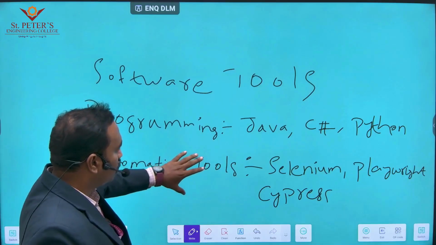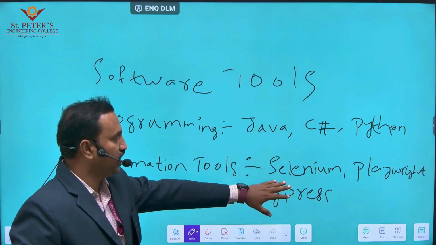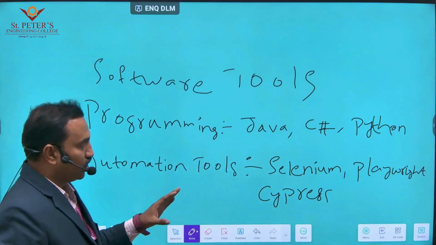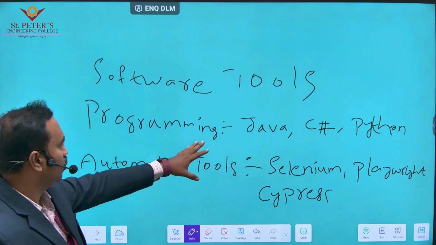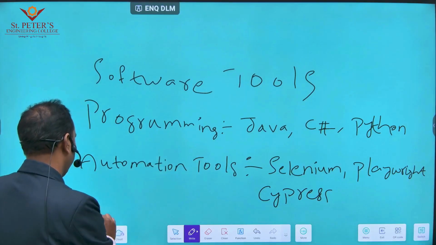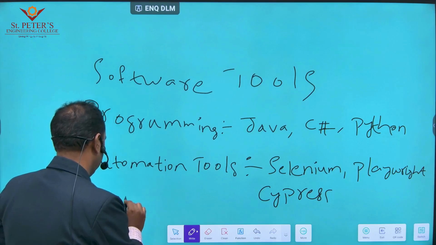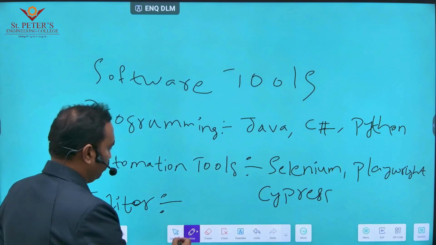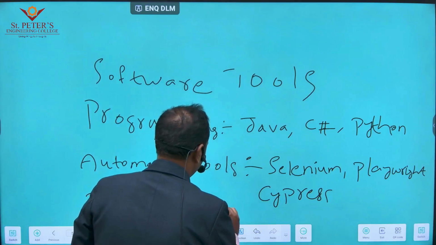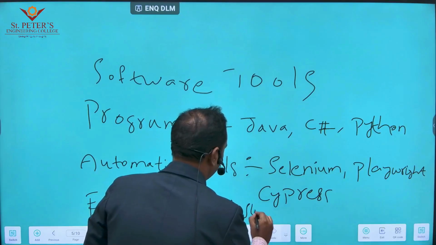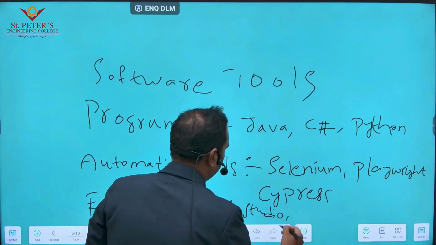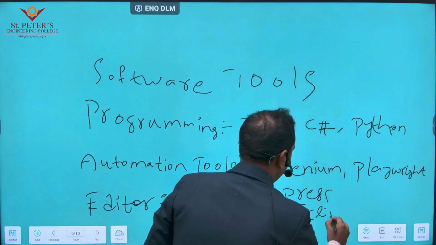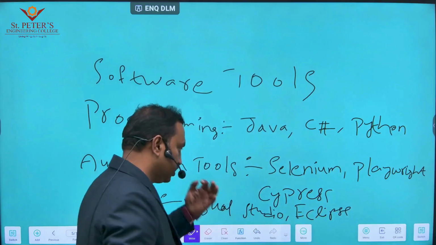You are not using these tools, Selenium, Playwright, Cypress or any others. You are not writing any script in editors like Visual Studio or Eclipse, and there are more editors too.